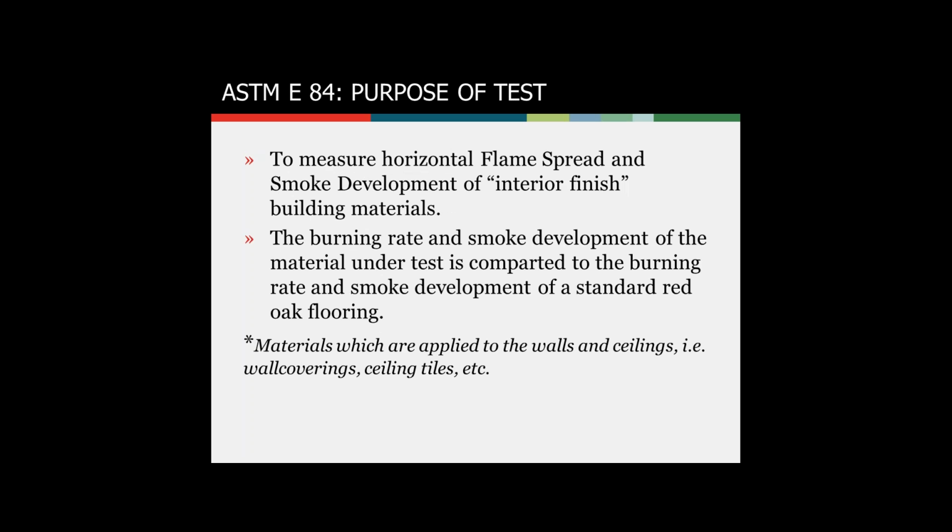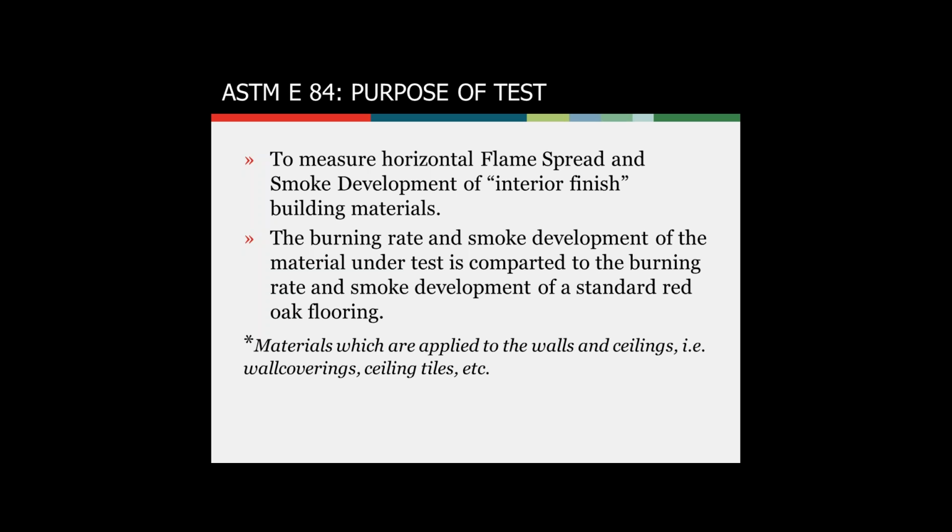The test specimen, which is roughly 2 feet by 24 feet, is sitting in the ceiling of the tunnel. And the flames are hitting the face of the specimen, and the flames project about 4.5 feet down the face of the specimen.